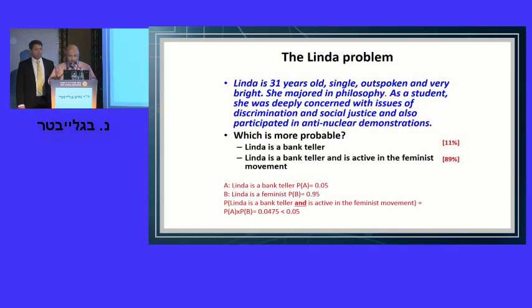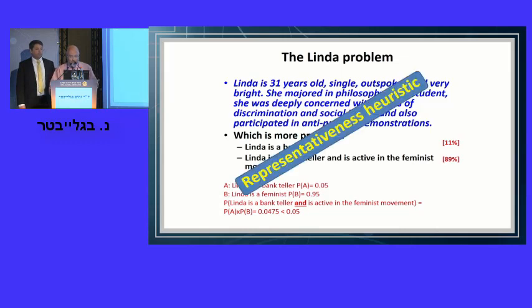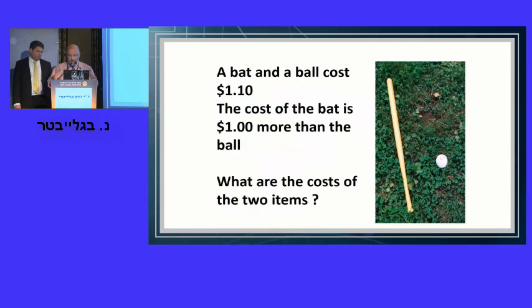If you know very simple probability from high school, you know that this is not the right answer. So what happened here? What happened here is that the representative heuristic kicked in, and representative heuristic says simply, like goes with like, and I don't care about mathematics.